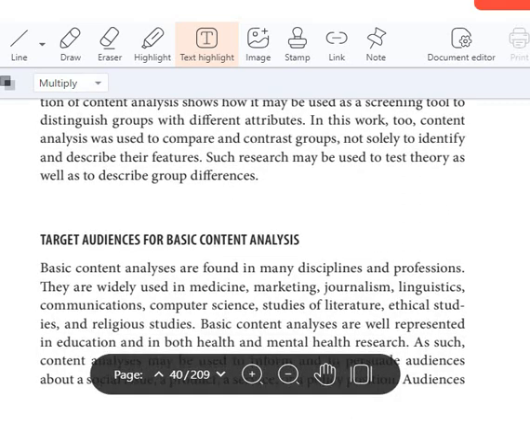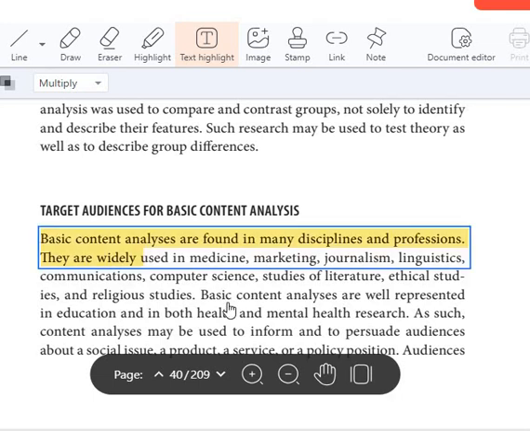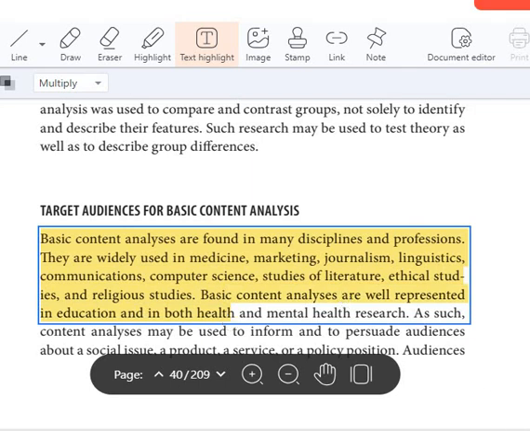Now, who are the audiences? Here it says that basic content analysis is found in many disciplines and professions. It is not used in only education. It's not used for social purposes. So we can find it in medicine, marketing, journalism, linguistics, communications, computer science, studies of literature, ethical studies, religious studies.